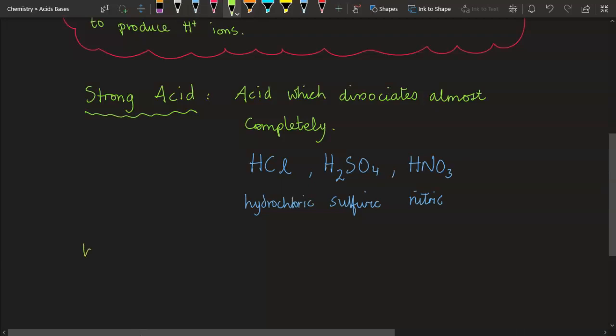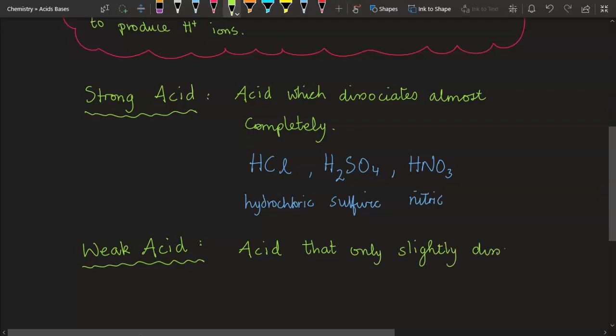On the flip side of that, you then have a weak acid. The weak acid has the opposite definition. With a weak acid, you have an acid that only slightly dissociates in water to give H+ ions.